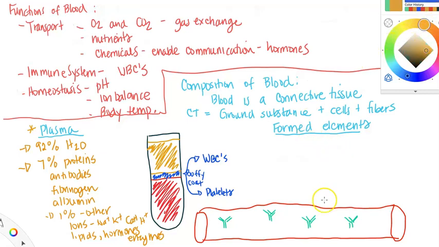Okay, we've got blood cells. We'll get to blood cells, which are formed elements, in just a second. Other proteins, albumin, things like that. Yeah, so different types of things. These are all floating in blood.